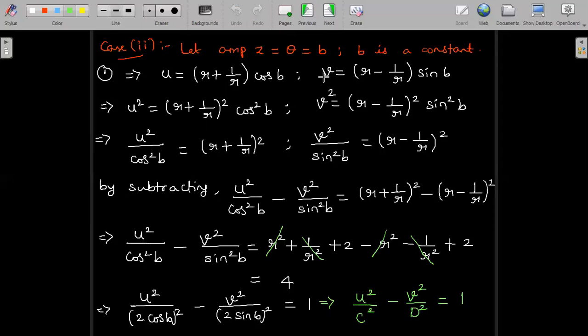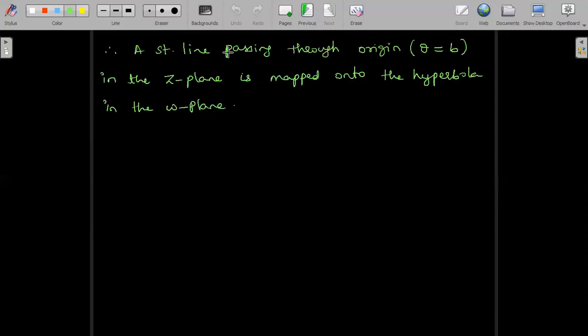So we have it in the form y is equal to mx. So theta is equal to tan inverse y by x represents the amplitude of z. So this is a straight line for us, y is equal to mx. Theta equal to b is now reducing to a straight line equation. So that is the reason we can say a straight line passing through the origin in the z plane is mapped onto the hyperbola in the W plane.